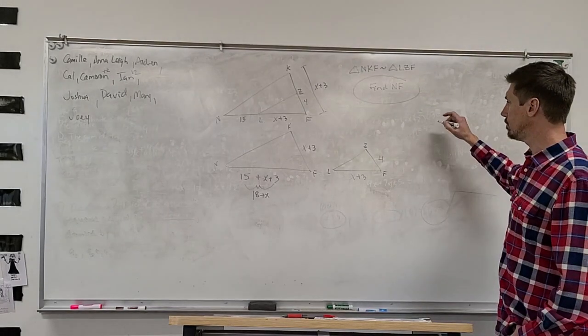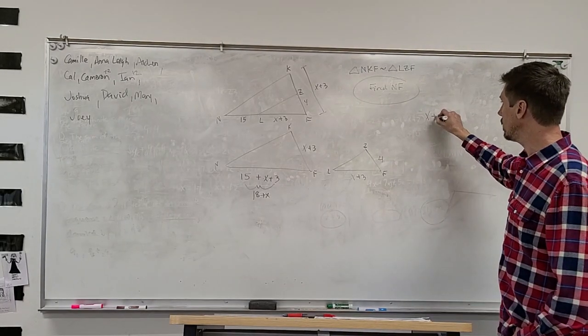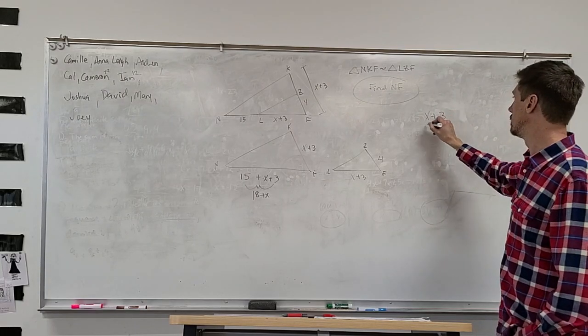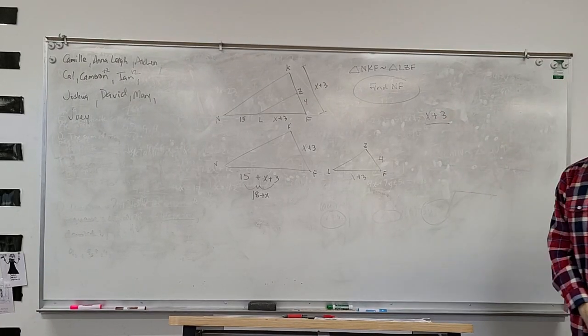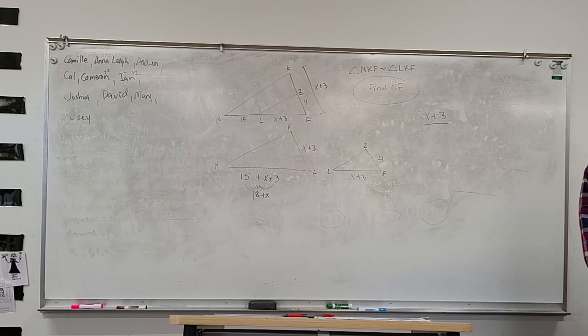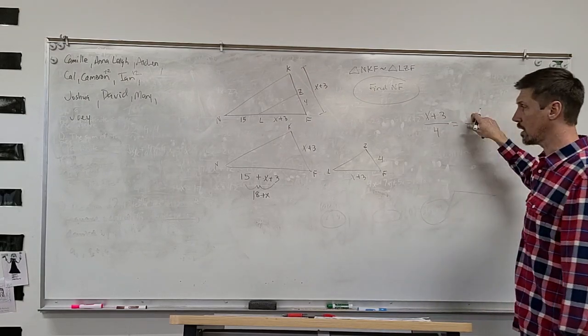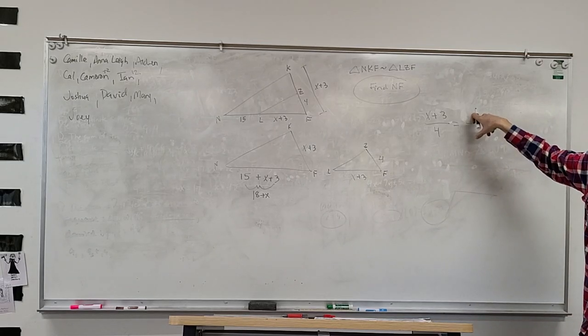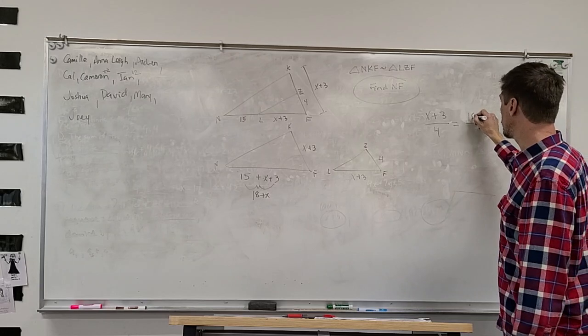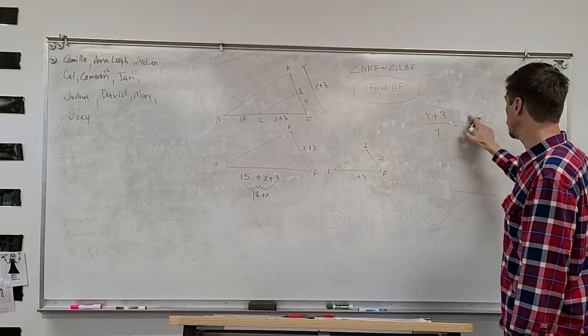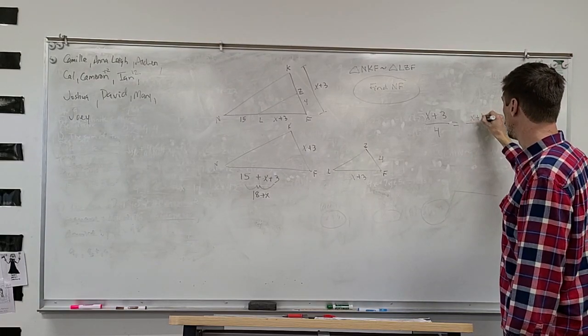So what would our ratio be? X plus 3 over 4 is equal to 18 plus x over x plus 3. I could have written that as x plus 18, and I probably should have, since that's what we had in the other one.